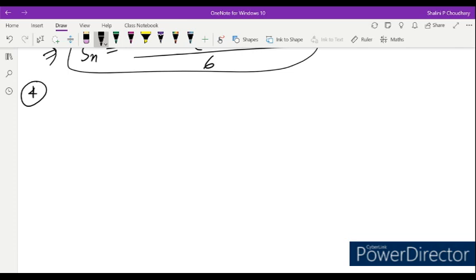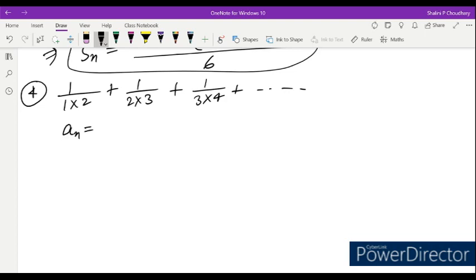Okay, now we'll do the fourth question, question number 4. Next question, that is 4, and the series given is 1 upon 1 into 2 plus 1 upon 2 into 3 plus 1 upon 3 into 4 plus ... so on. Okay, so what we can write here, nth term will be equal to 1 upon, okay, we'll write k.